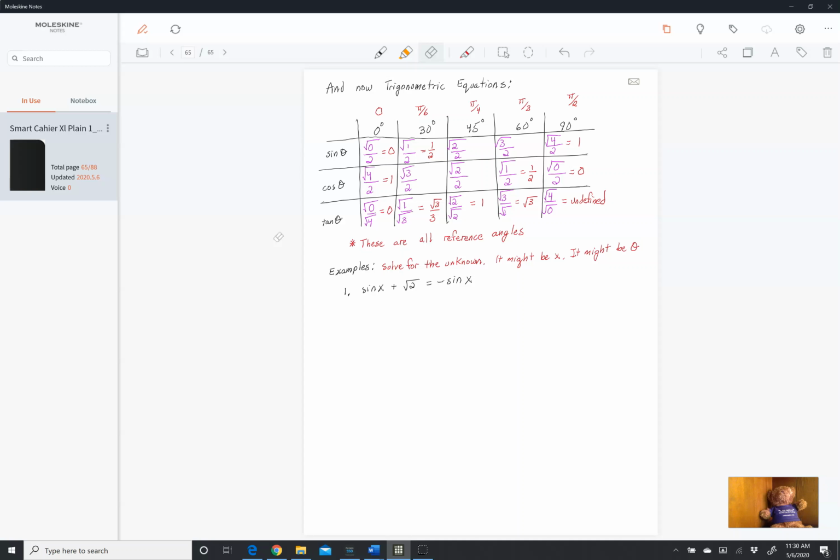Okay. So how do we do this? We do it in exactly the same way that we solve for anything else. We isolate our trig function, okay? So how do we isolate the trig function? We are going to add the sine of x to both sides, okay? Or subtract the sine of x from both sides. We want our variables on one side, we want our trig function on one side, and we want our numerical values, our constants, on the other.